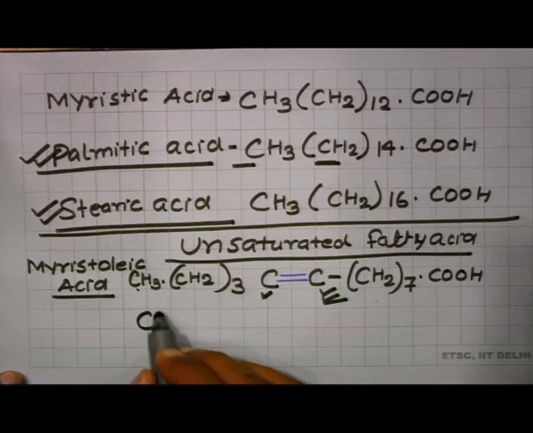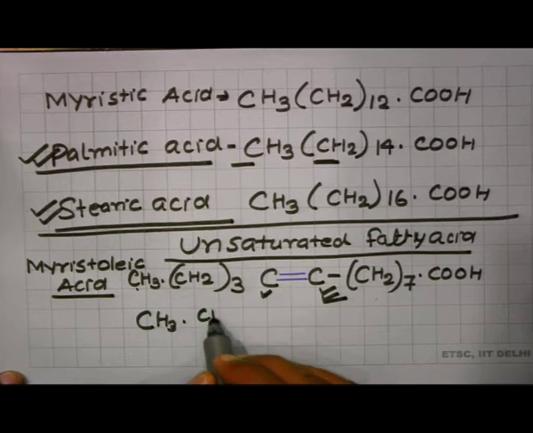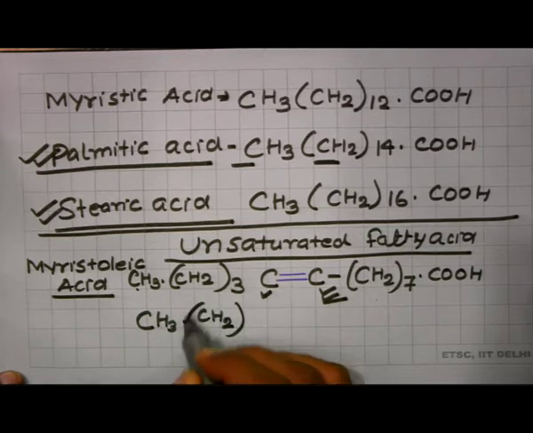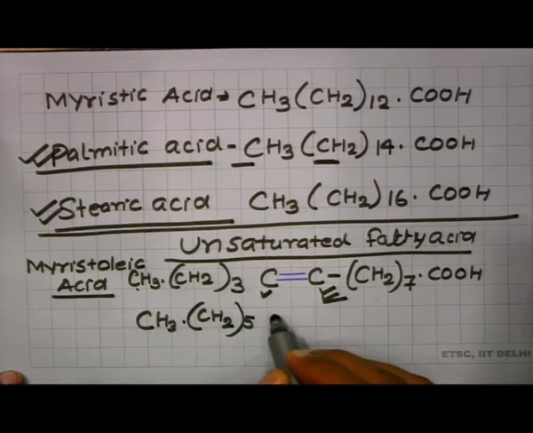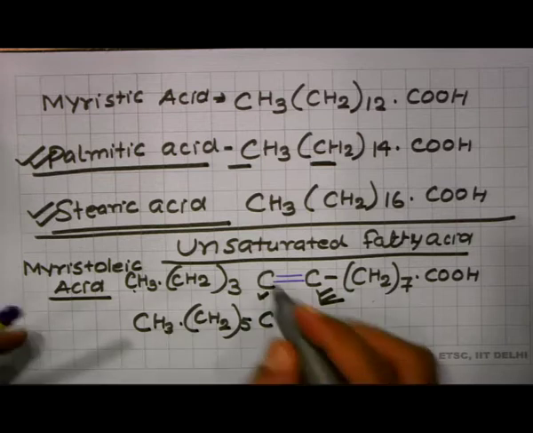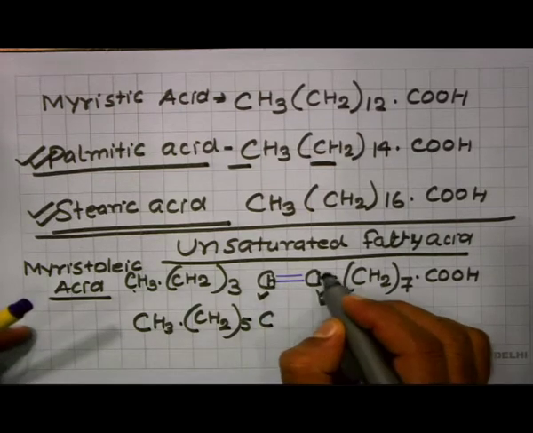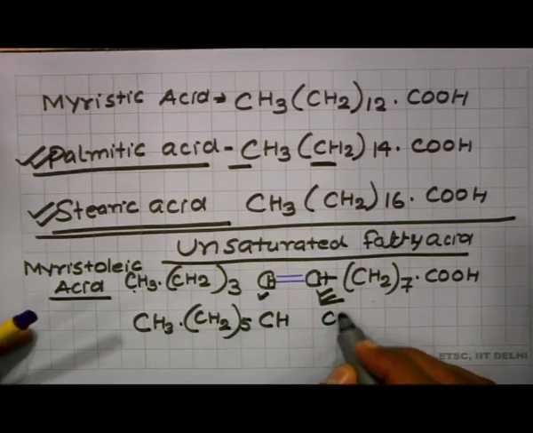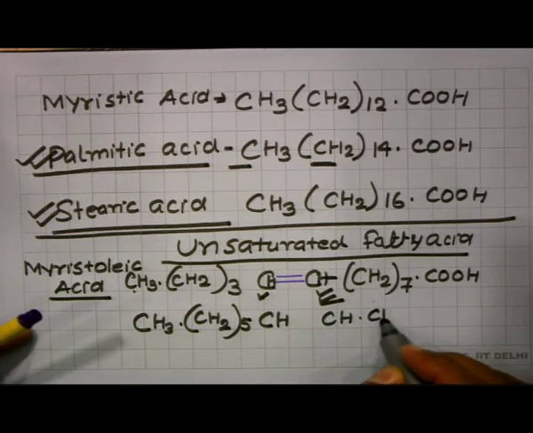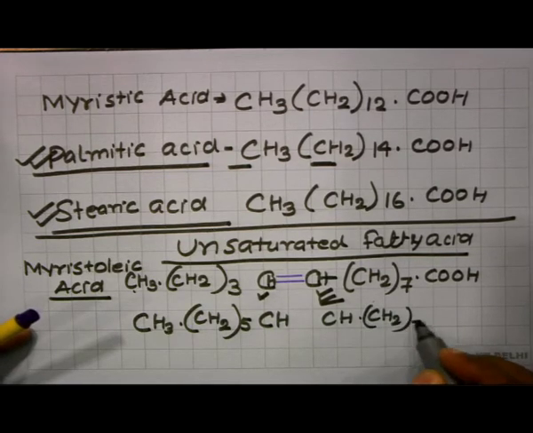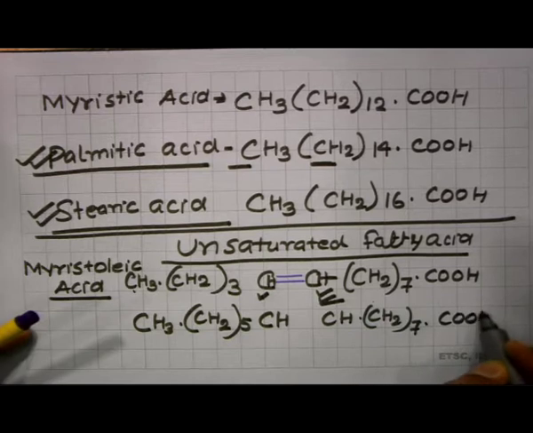If this CH3, CH2 is multiplied by 5, with the same structure, here hydrogen is also present, CH, CH2 7 COOH.